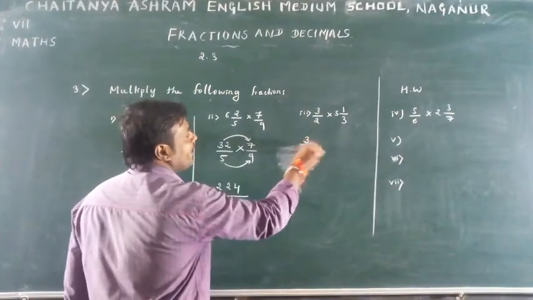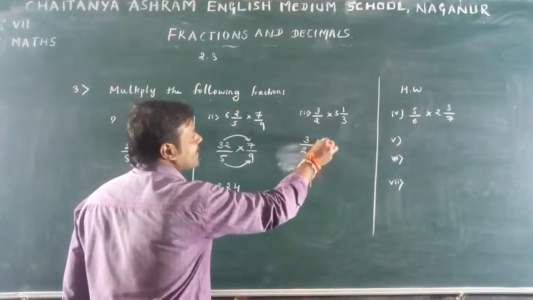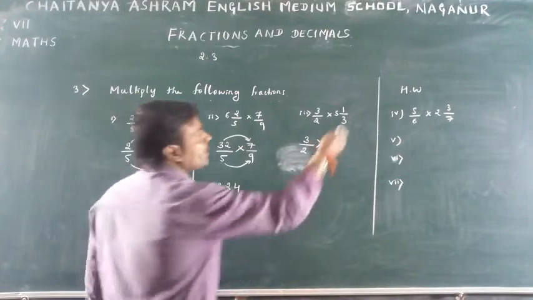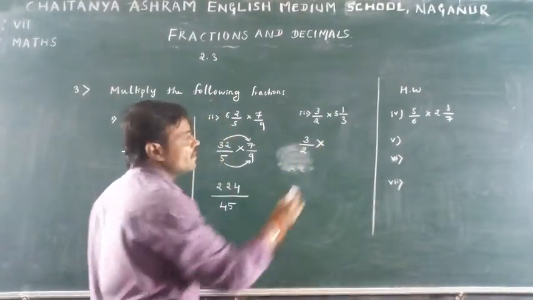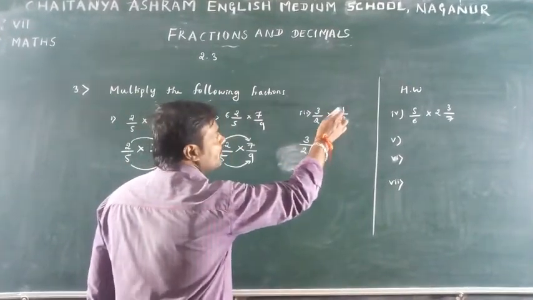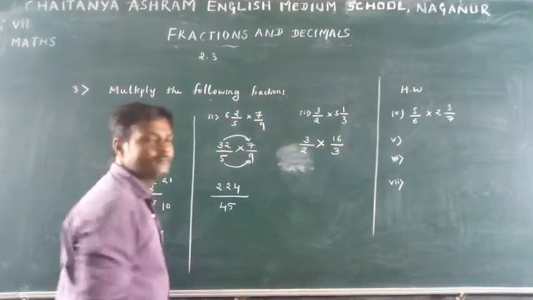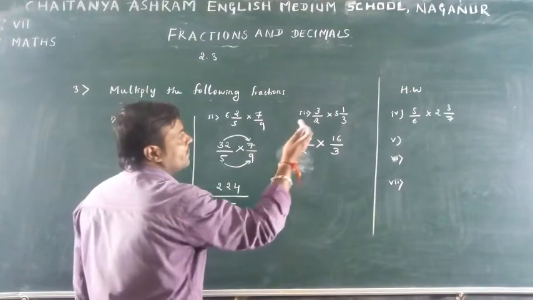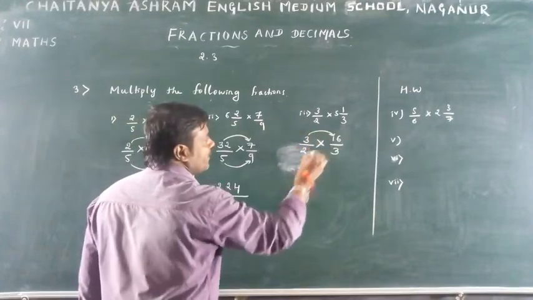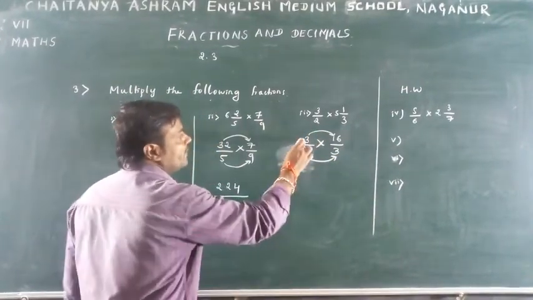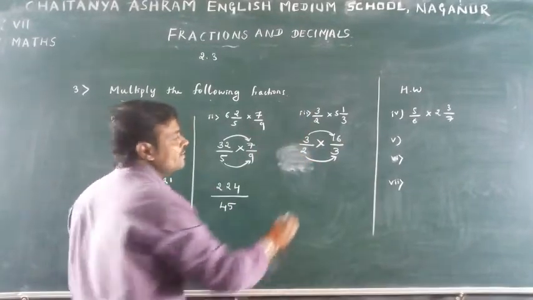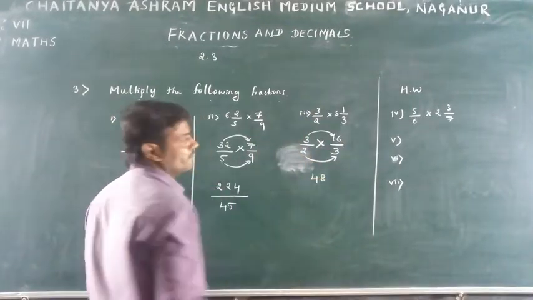So then see this one, 3 by 2. Write as it is, put multiplication sign as it is. What do we do? Convert into improper fraction. 3 5s are 15, 15 plus 1, 16 by 3. Okay, see what happens. Multiply numerator to numerator, denominator to denominator. 3 into 16, how much? 48.